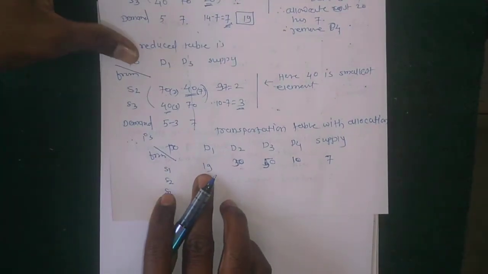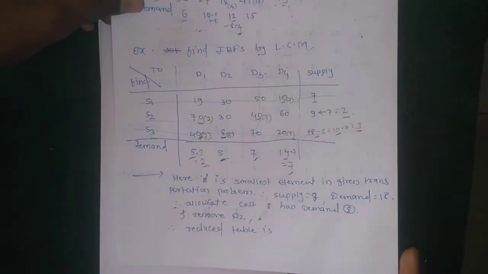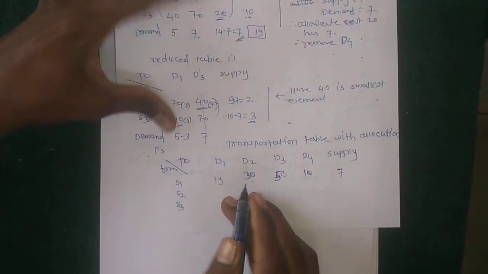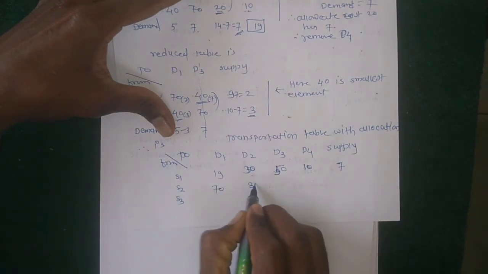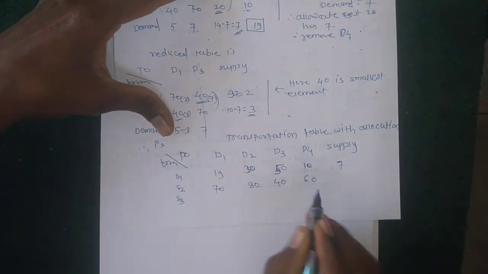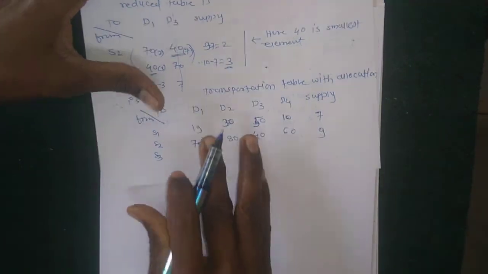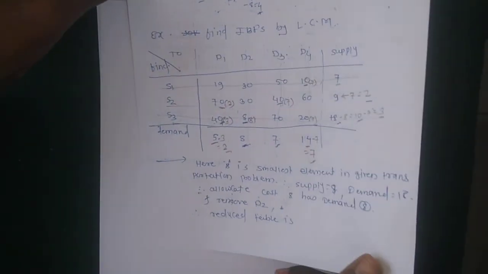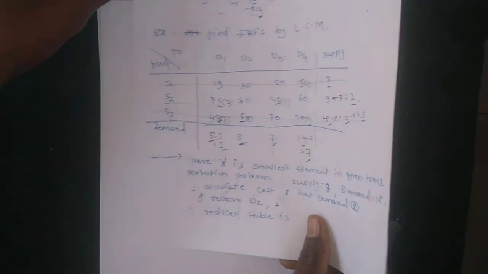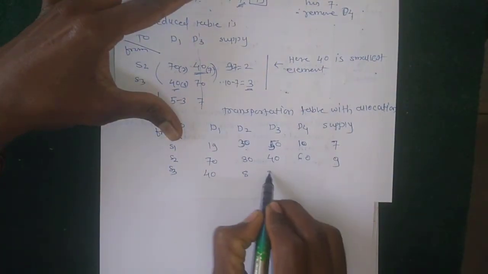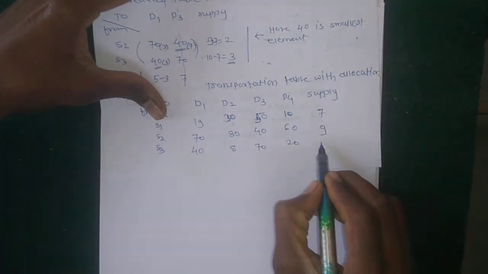Then the S2 row has 70, 30, 40, 60, and there is 9. And for the S3 row, 40, 70, 20.